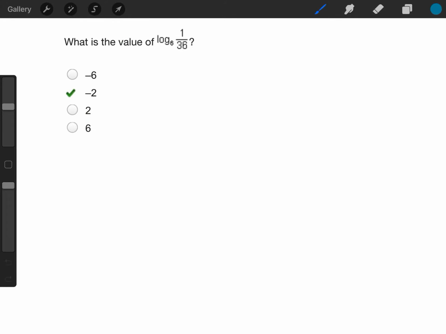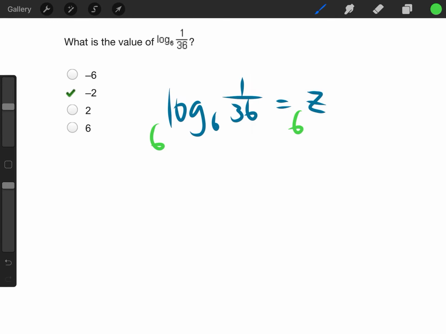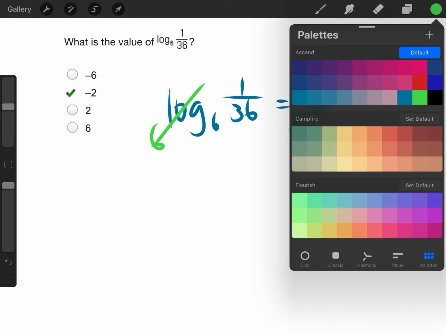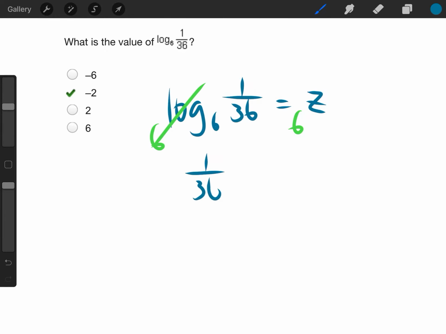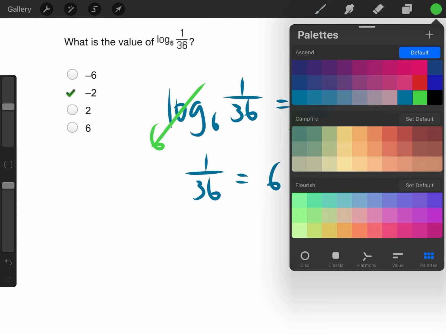So what's the value of that? Similar question. So log base 6 of 1 over 36 equals, let's put z this time, okay? So you're going to use base 6 to cancel out with the log base 6. So what you have next is 1 over 36 equals 6 to the z power, okay? Now here comes a little tricky part because we got a fraction here.